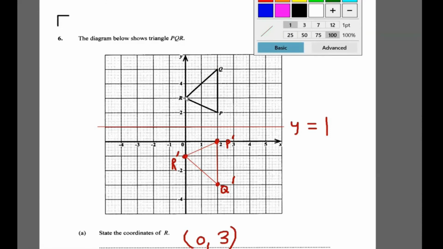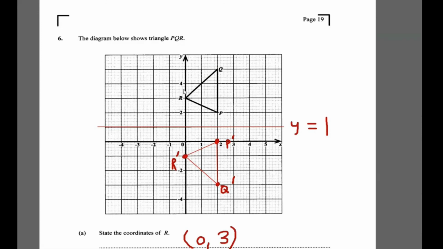The line X equals 0 is the y-axis. All right, so now we're going to reflect. I'm just going to label it. This is the line X equals 0, and we reflect in this line X equals 0.